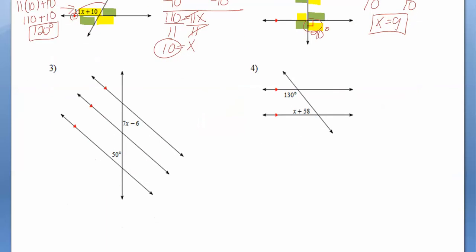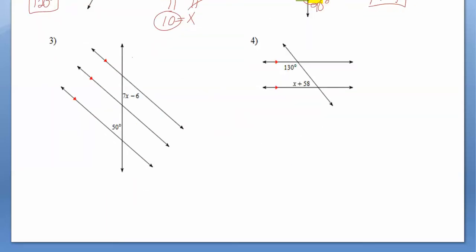Okay, moving on. This one's a good example because it shows you that you can do the same thing with 3 parallel lines. It doesn't matter how many parallel lines you're looking at. So for example, if you just focus on the lines that we need, which are this one, and this is the transversal, these angles here are alternate interior, and so they would be congruent.